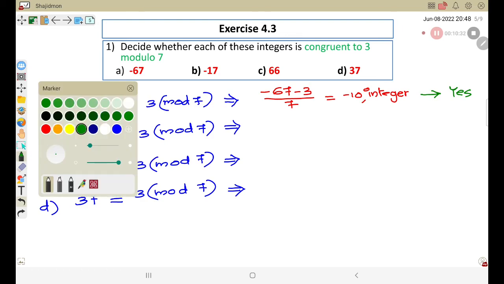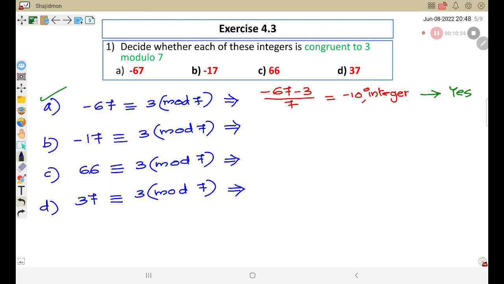Now we will go to the second part. Is minus 17 congruent to 3 mod 7 or not? So minus 17 minus 3 divided by 7. You can check by calculator.